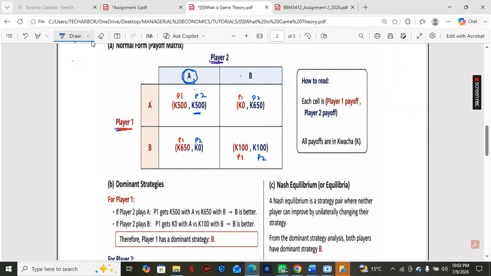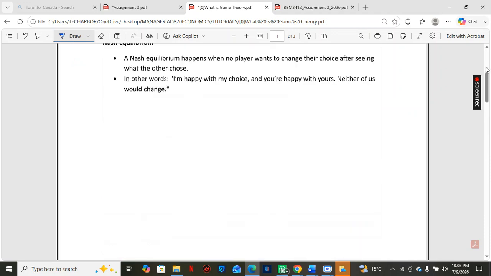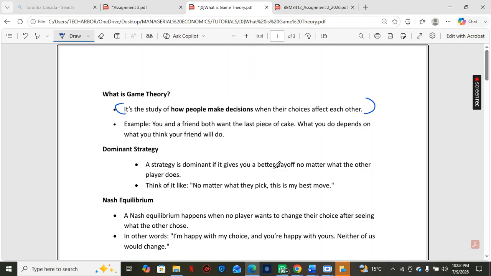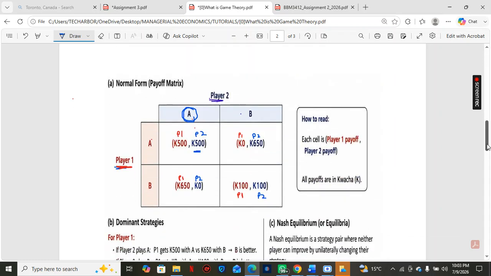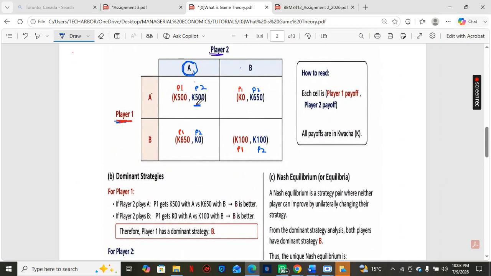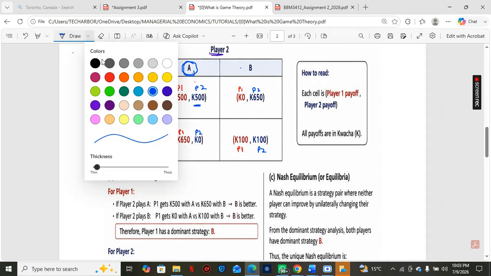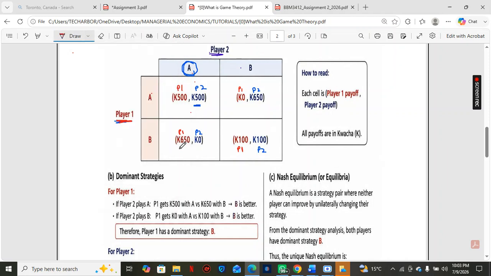So remember the dominant strategy, you have to be better off. As we said here, dominant strategy, the better payoff no matter what the other player does. So if player 2 chooses strategy A and gets a payoff of 500 kwacha, player 1's best decision is to choose strategy B and get a payoff of 650.